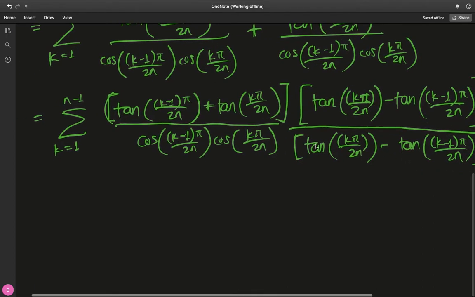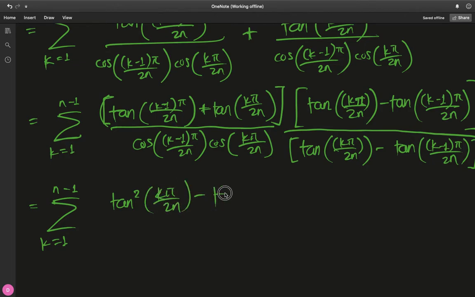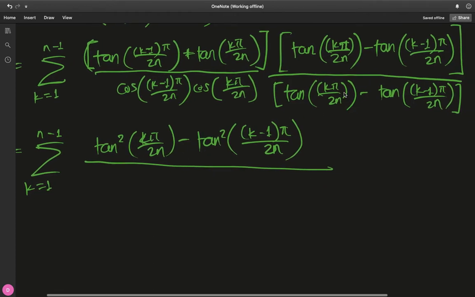and as I said, we can use the difference of squares identity on the numerator. So we have the sum from k equals 1 to n minus 1 of tan squared of k pi over 2n minus tan squared of k minus 1 pi over 2n, all divided by, now, let's express this tan in terms of sine divided by cosine, because we have a cosine, so there is a slight chance that some stuff might still cancel out.